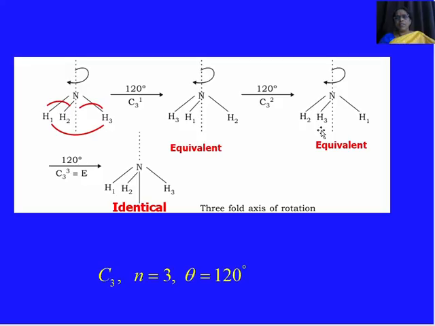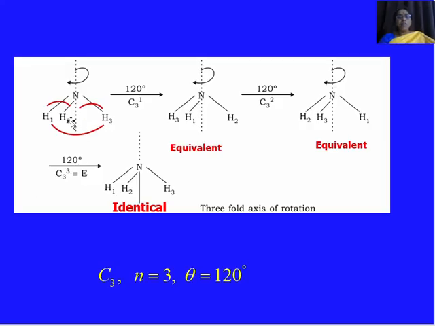We get the equivalent configuration. Again, if we rotate through 120 degrees, that is C3 three times, 120 plus 120 plus 120, 360 degrees, we get a configuration which is identical to the original one. That's why C3 cubed is said to be E. Since by rotating through 120 degrees we get equivalent configurations, n is equal to 360 divided by 120, which is equal to 3, a threefold axis of rotation, that is C3.